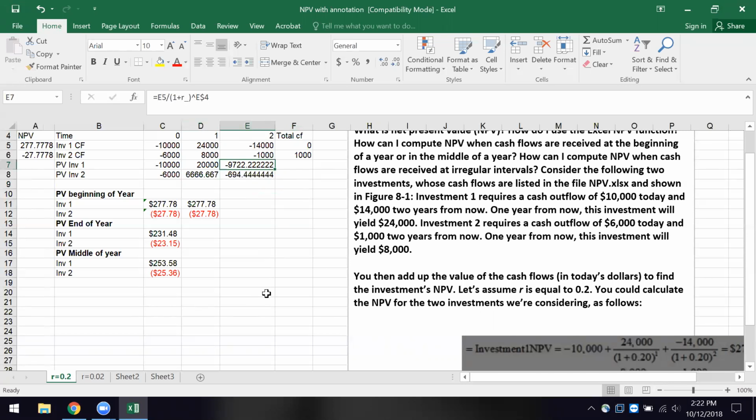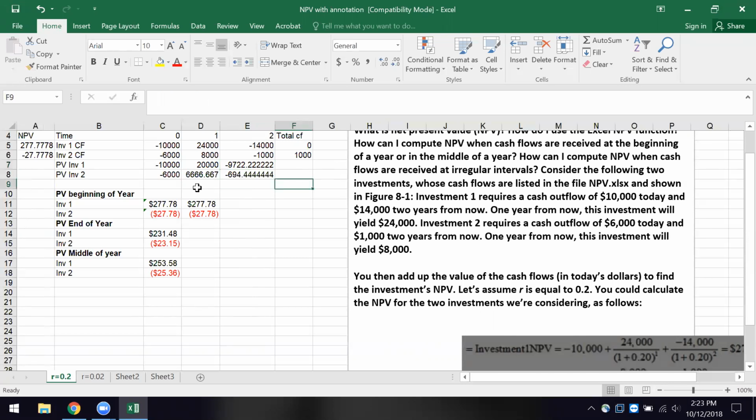To the second power, excuse me. Now, this is going to be helpful to us because down here at the bottom, when we want to say, well, what does it look like in the middle of the year, I'll just be able to invert it and do the square. So that's the present value for investment number one.